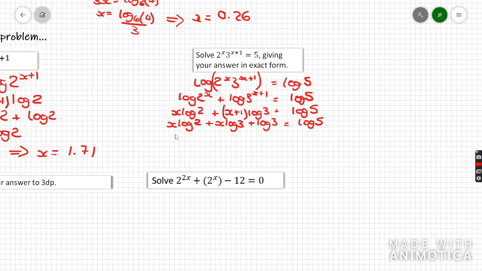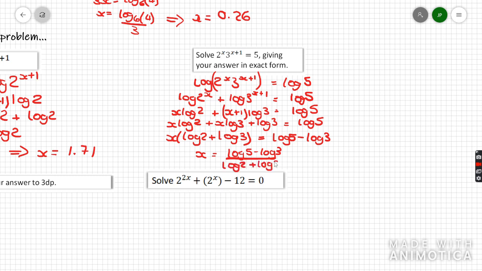I'll just do that all in one go this time. So we'll go with x log 2 plus log 3, so factored out my x from there and moved that log 3 to the other side. So I'll have log 5 minus log 3. Then I can divide underneath, all over log 2 plus log 3.